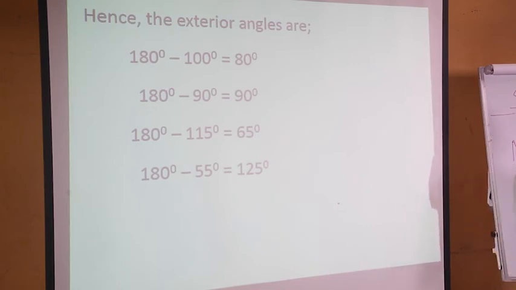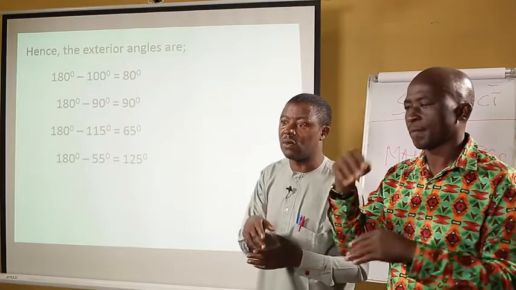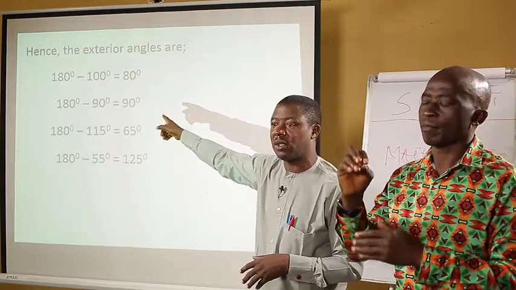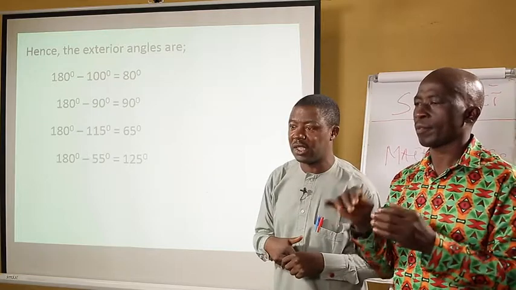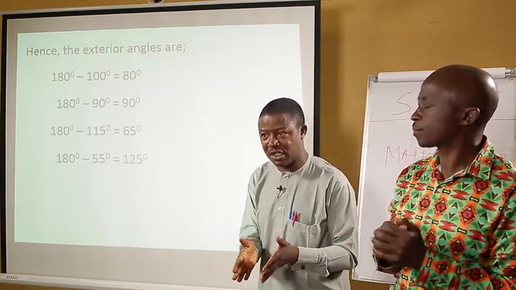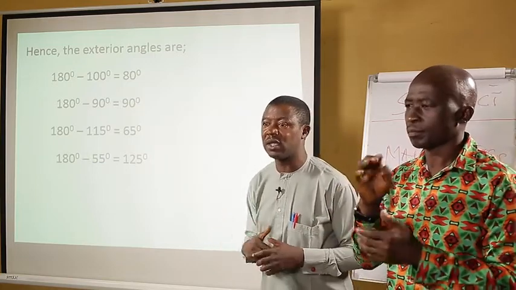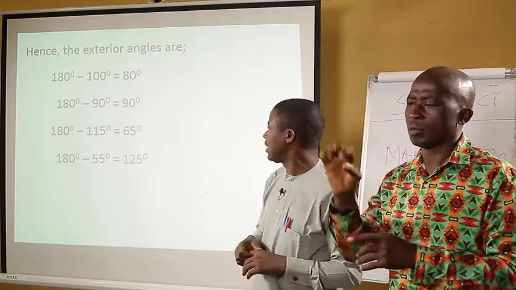So if the interior angle is 100, the exterior will be 180 minus 100, which gives you 80 degrees. The next angle was 90 degrees, which is the interior. So the exterior will be 180 minus 90.